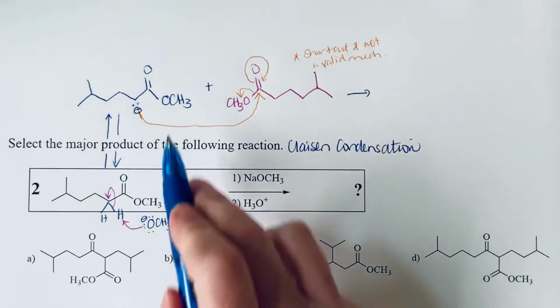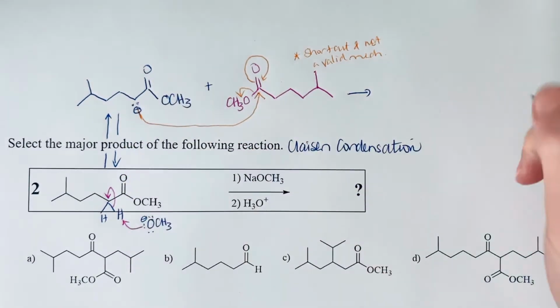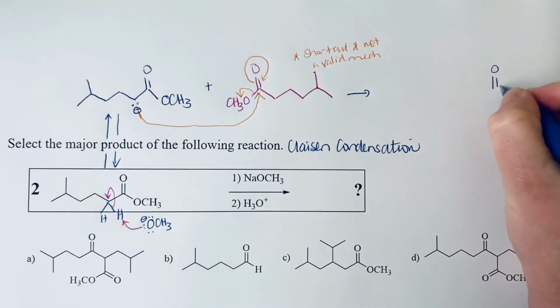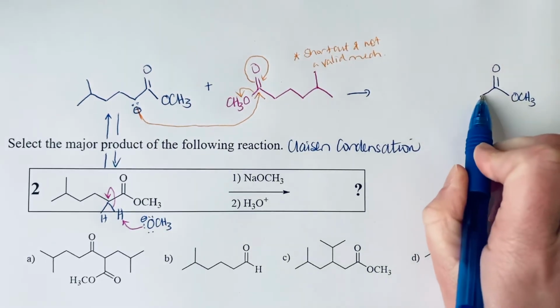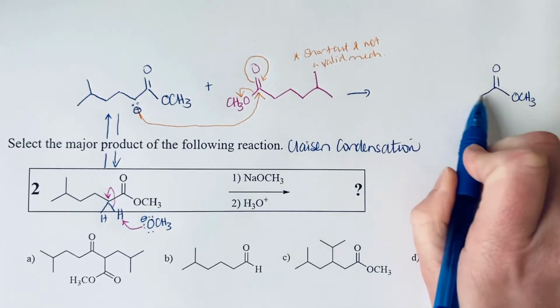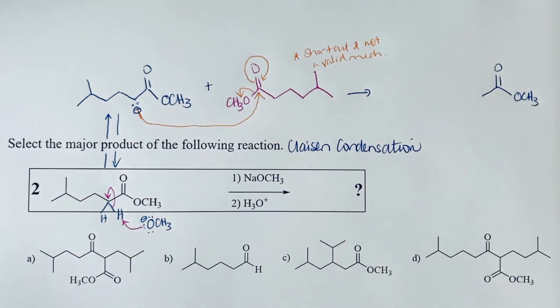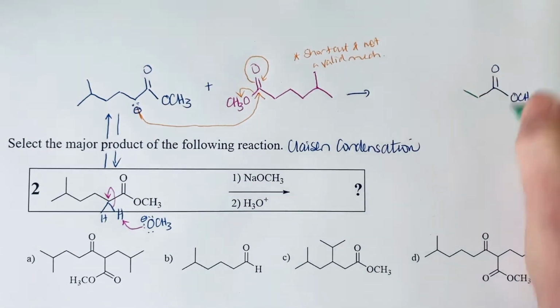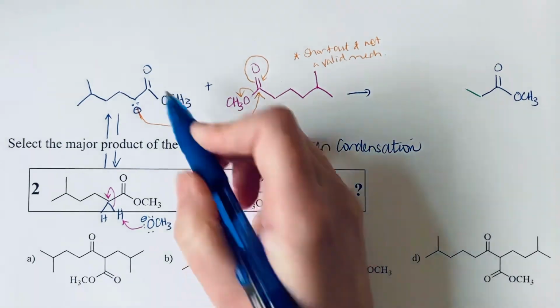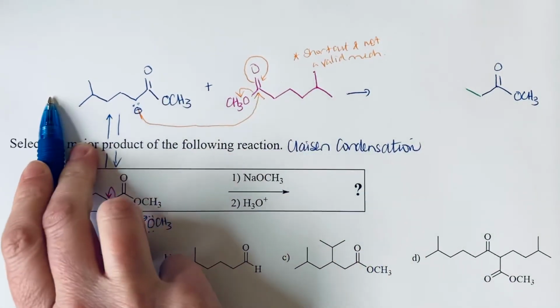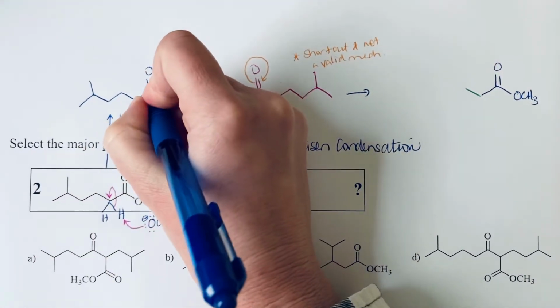Okay, so what I'm going to do here is I'm going to draw where my attacking enolate was. And here's the alpha carbon that's forming the new bond. So I want to show my new bond here. So I'm going to draw that new bond in green. And I'm going to keep drawing the remainder of this ester. So I've got, let me number the main carbon chain.